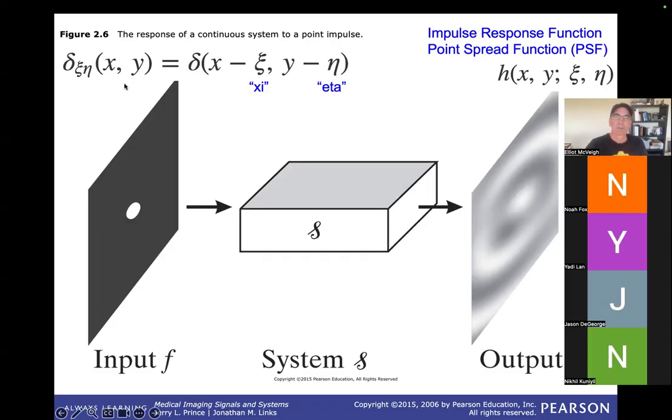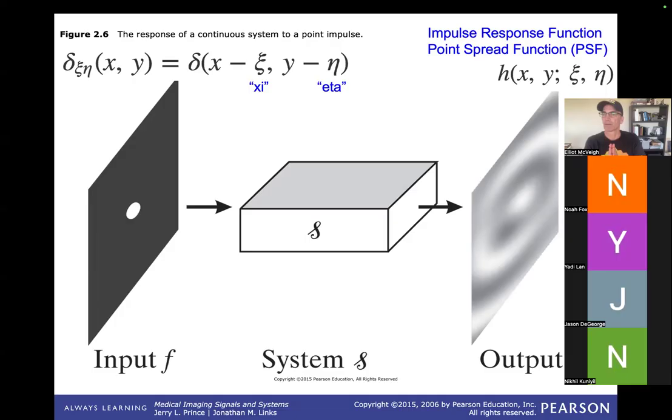Now, a special type of impulse response. This is the equation for the impulse response. It is dependent on two variables, eta and psi.